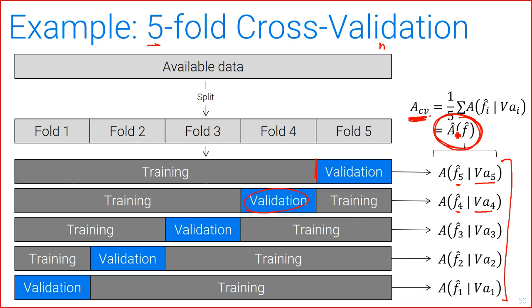If I understand correctly, what you're saying is that when we build the model here, we are using this data. And when we build the model here, we are also using the same data. And when we build the model here, we're also using this data. So those will have a slightly bigger effect on the model. Is that what you're referring to?